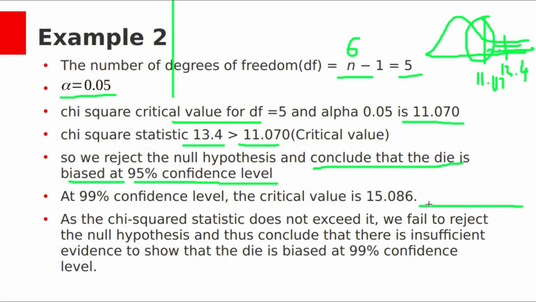For 99% confidence level, the critical value is 15.086, and the chi-square statistic is 13.4. This chi-square statistic is not falling in the rejection region, so we cannot reject the null hypothesis at 99% confidence level.